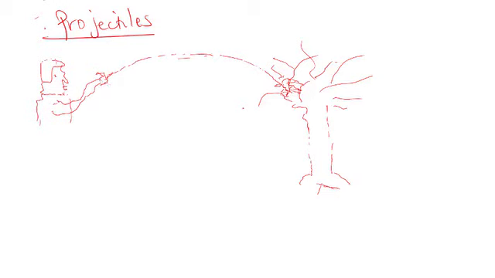Now, when you talk about projectile, there are things we usually take into consideration. Number one, we talk about the horizontal distance. We talk about the projected distance, which happens to be the range.